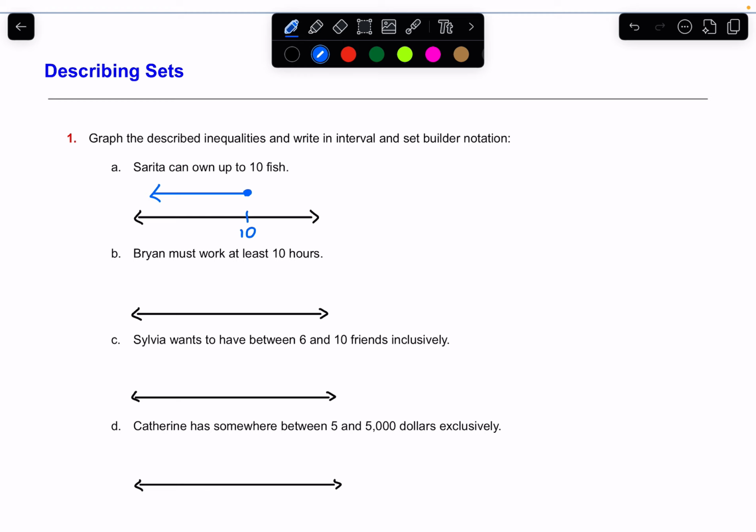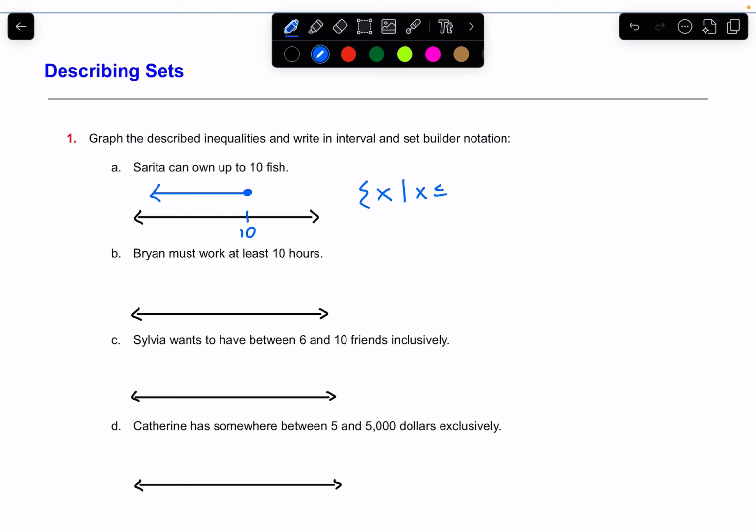In set builder notation, the way we can represent this is the set of all x. That squiggly brace represents it being a set. And what's in the set? All numbers x such that, this vertical line, and then we can have anything less than or equal to 10.